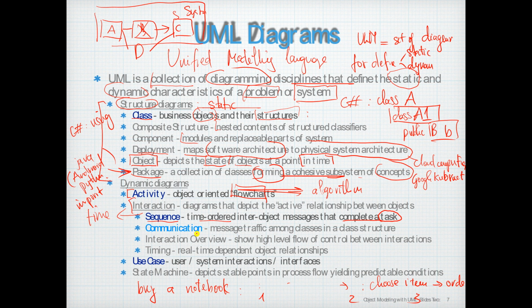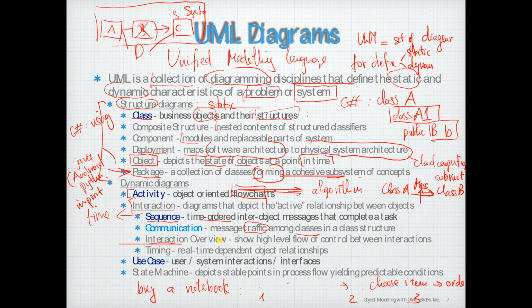Communication diagram shows the message traffic among classes and class structure. In it, we can send a message to class A, or we send a message to class B; this is a message carrying user information or other information from class A sent to class B for some purpose.